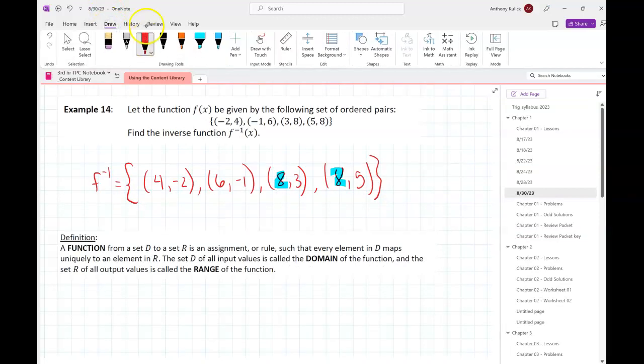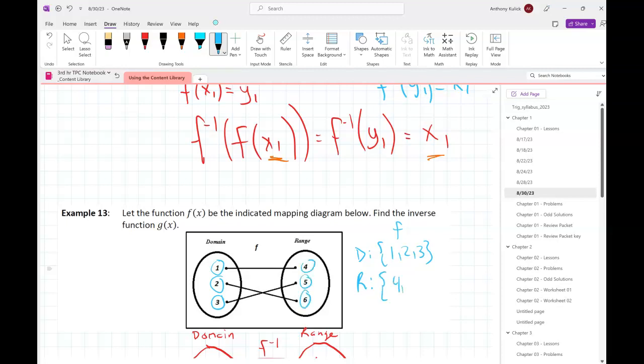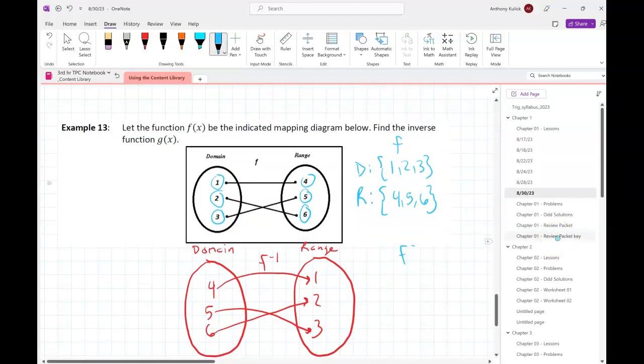If we go back to these previous problems, if I look at f, the domain is the numbers 1, 2, and 3, and the range is the numbers 4, 5, and 6. If I look at f inverse, the domain is the numbers 4, 5, 6, and the range is the numbers 1, 2, 3.